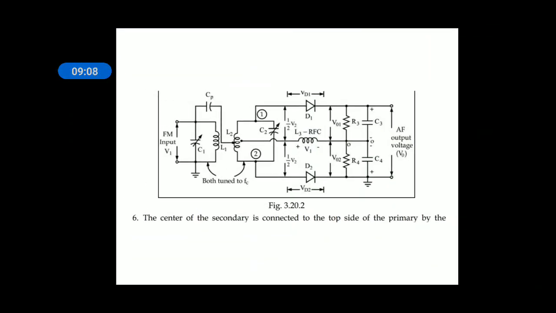Right, here there are many components, and this is your center tap transformer, where the input is given with the FM signal across the primary winding in parallel with a capacitor C1, and the output is connected directly with the help of a capacitor Cp at the center tap of the secondary winding, and it is also linked with the mutual induction principle.